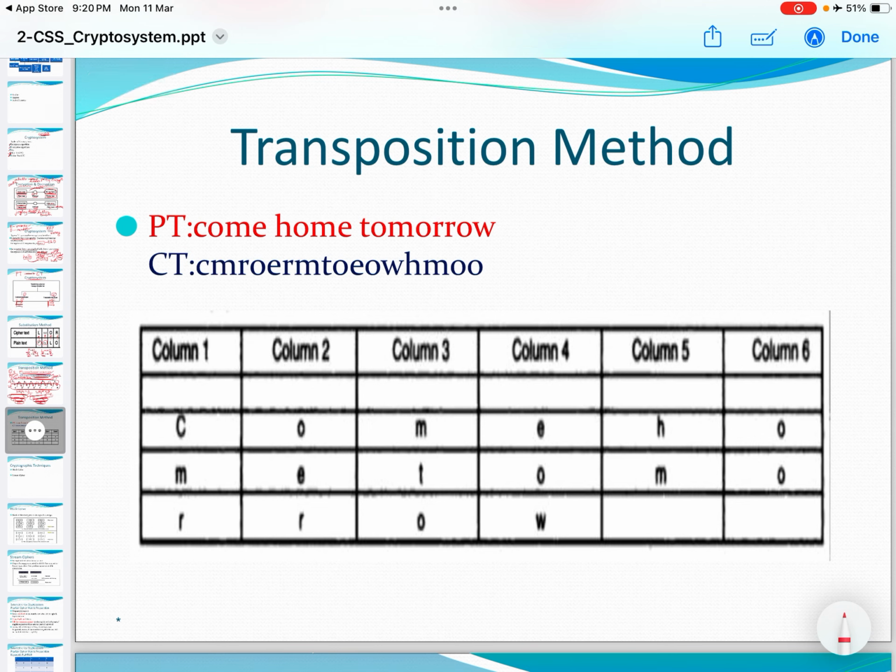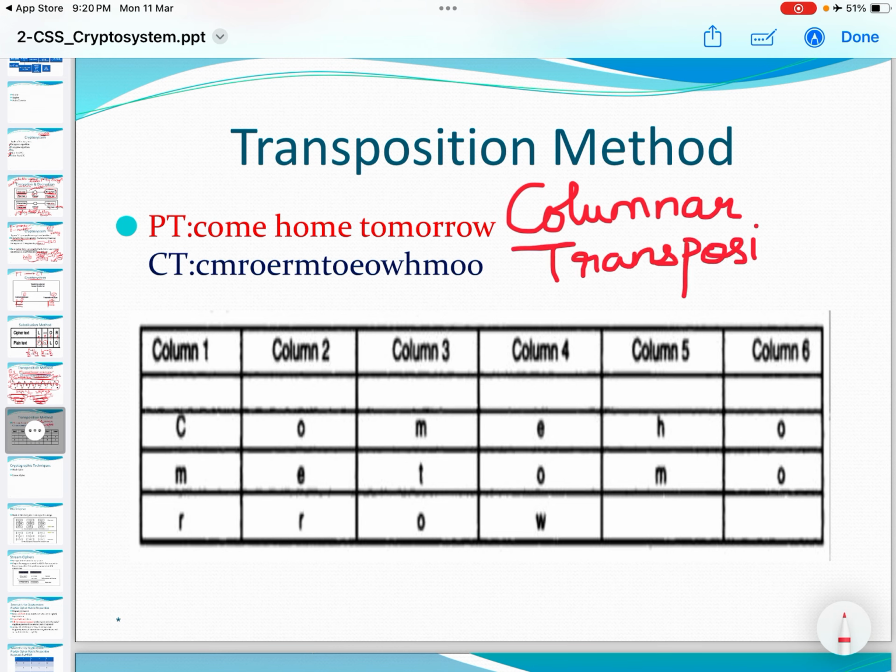Next transposition technique is columnar transposition technique. In columnar transposition techniques, we have different columns and we arrange it column wise. So we arrange it like this: COMEHOMETOMORROW. You have arranged it.